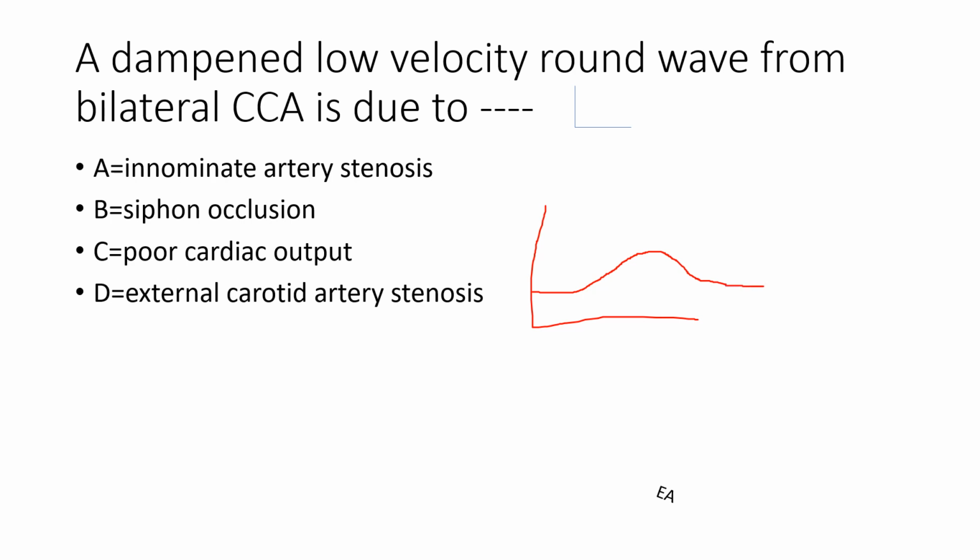Okay, right and left CCA. For the right side, it is innominate, subclavian, and carotid, and this is innominate. And for the left it is left common carotid and subclavian, and this is aorta. Okay, so we have bilateral CCA dampened.